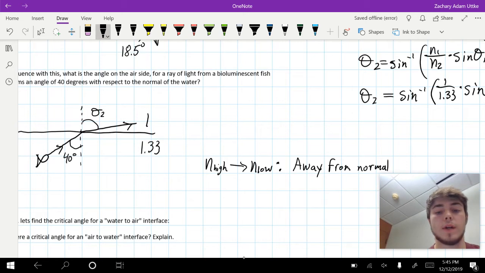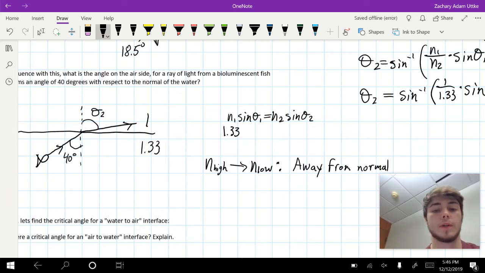So this time, we're still going to use n1 sine theta 1 equals n2 sine theta 2. But n1 will be the index of refraction for water, because that's where we're starting, times sine theta 1, which is the 40 degrees, equals n2, which is air, so just 1, times sine of theta 2, which is what we're trying to figure out.